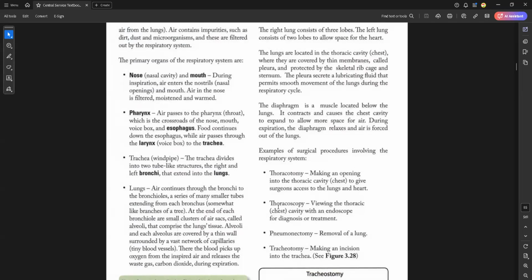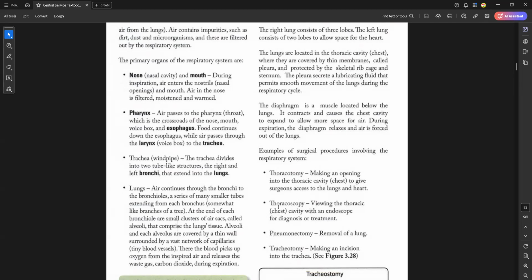Then we have the trachea. When we come to the surgical procedures, we will be hearing about tracheotomy. So let's talk about the trachea. The trachea divides into two tube-like structures, the right and the left, called the bronchi, and then of course that extends into the lungs.